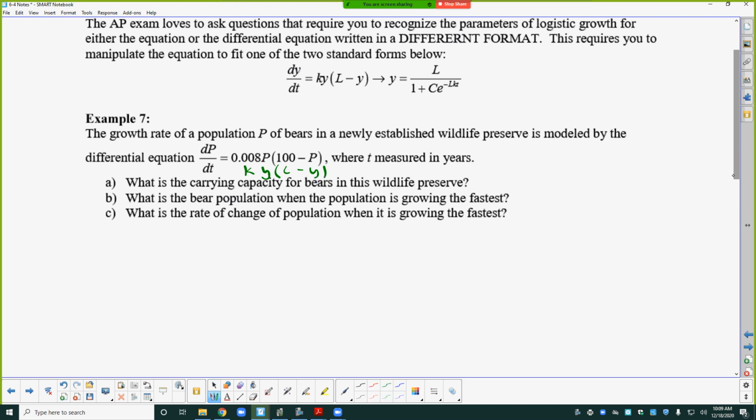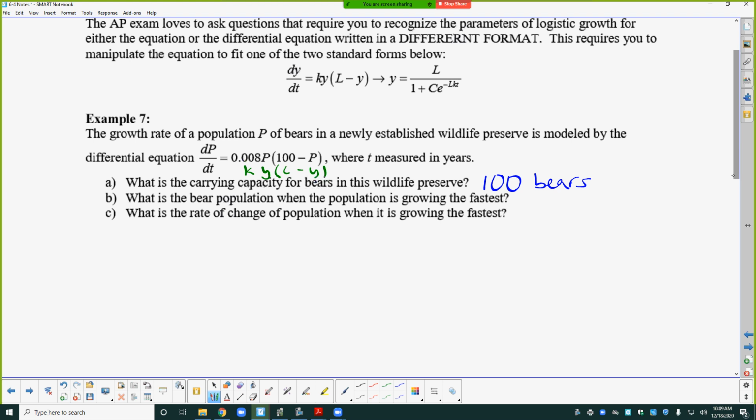Once I've identified that 100 is L, the carrying capacity for bears in the wildlife preserve, is 100. Why? Because L is 100.